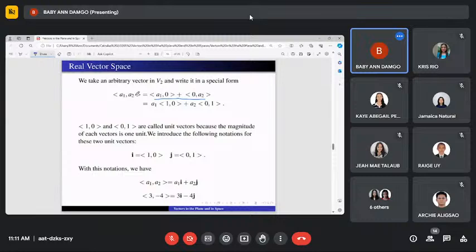So we have the magnitude of A. From this, we can create a formula in terms of cosine and sine.